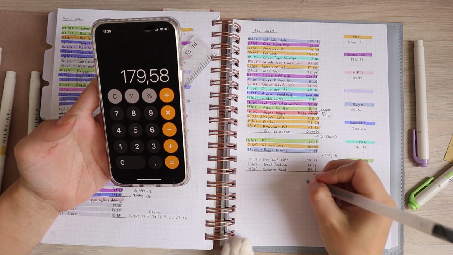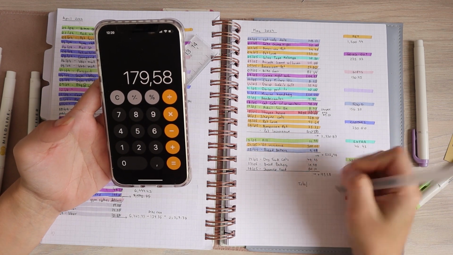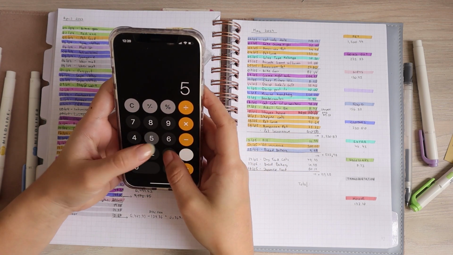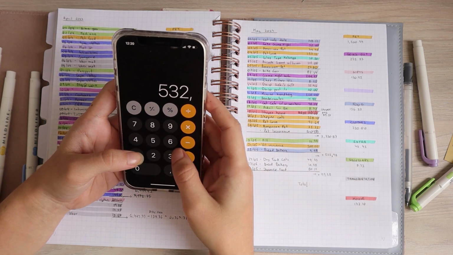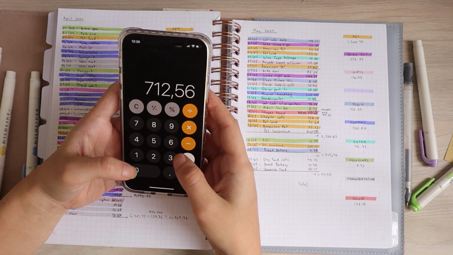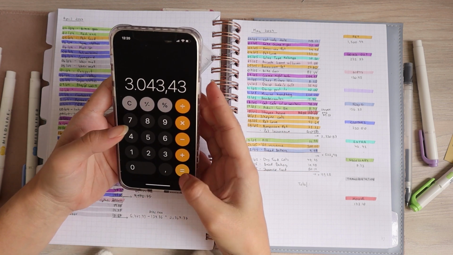Now let's add up everything for this month. Oh my god. So it was $179.58 plus $532.98 plus $2,330.87.